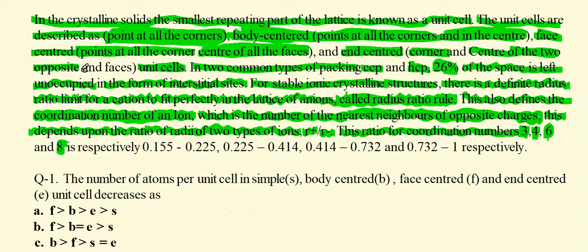For coordination numbers 3, 4, 6, and 8, the respective radius ratios are: for 3, between 0.155 to 0.225; for 4, between 0.225 to 0.414; for 6, between 0.414 to 0.732; and for 8, between 0.732 to 1.00.